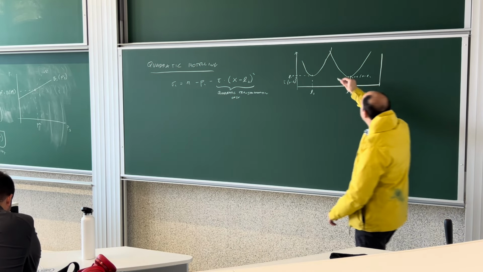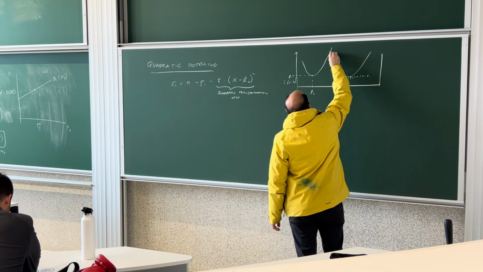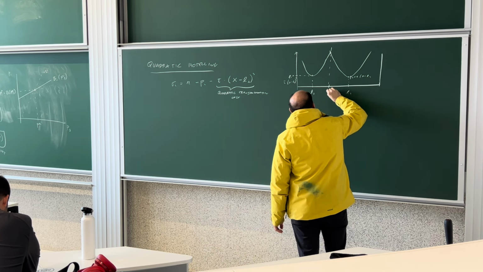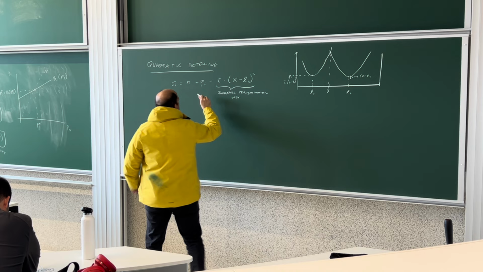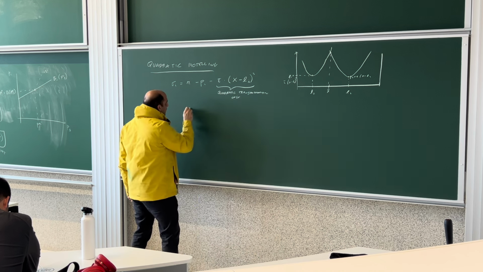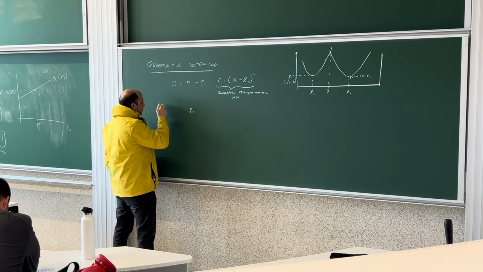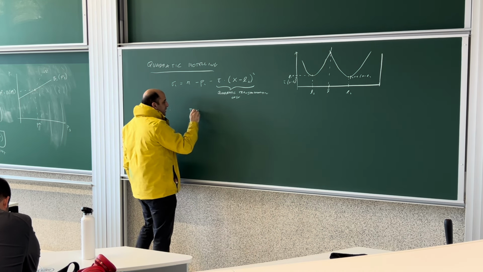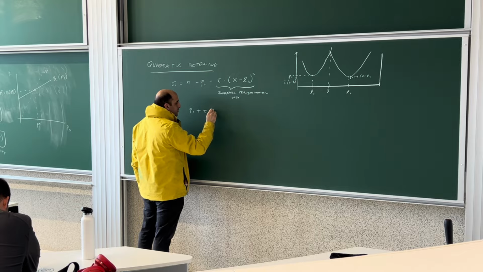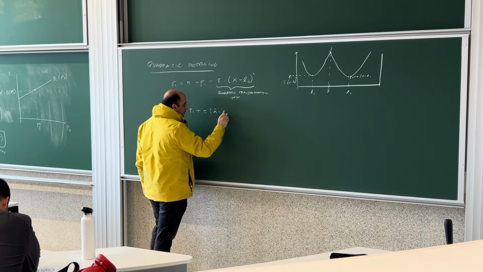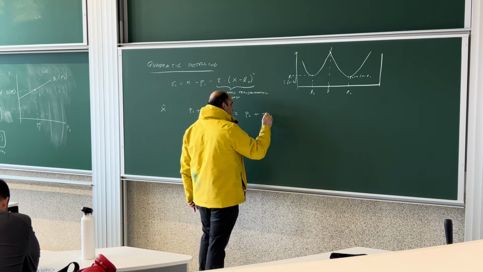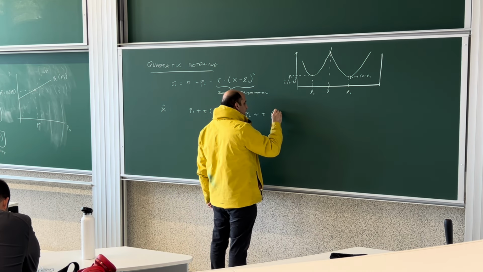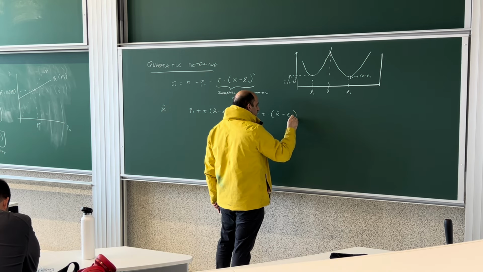Okay, so we need to find the indifferent consumer, x hat. For that, we equate: x hat is the one where P1 plus tau times x hat minus L1 squared is equal to P2 plus tau times x hat minus L2 squared.